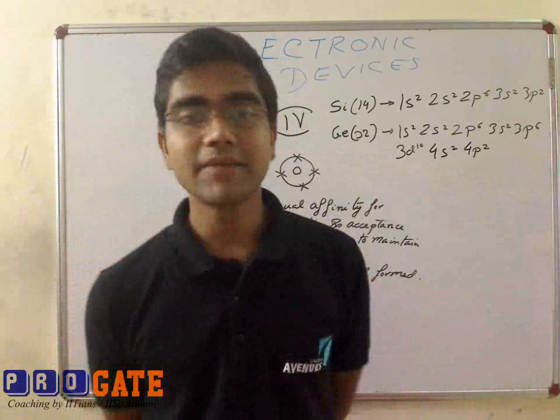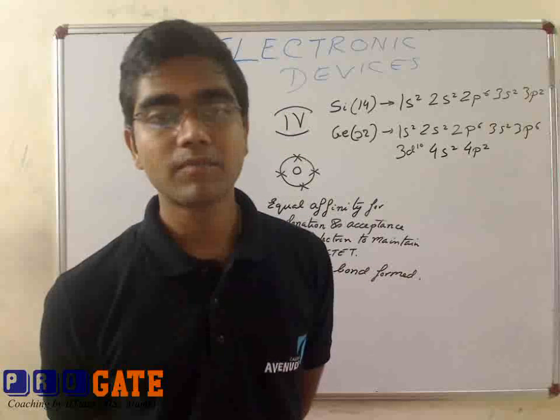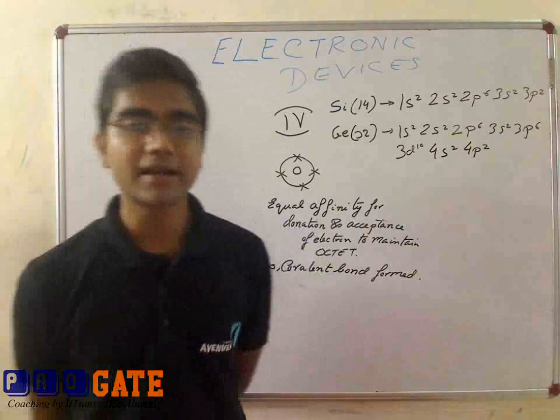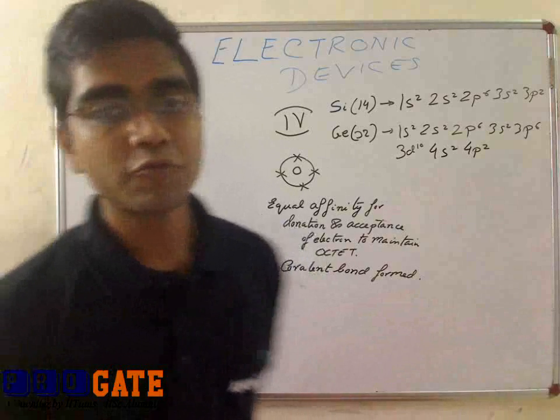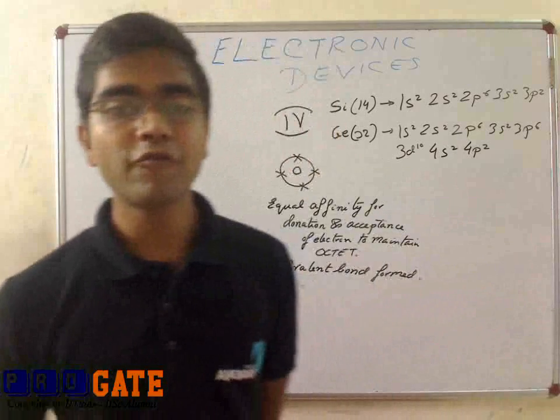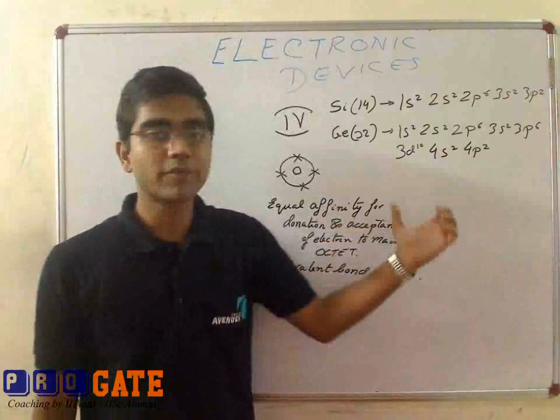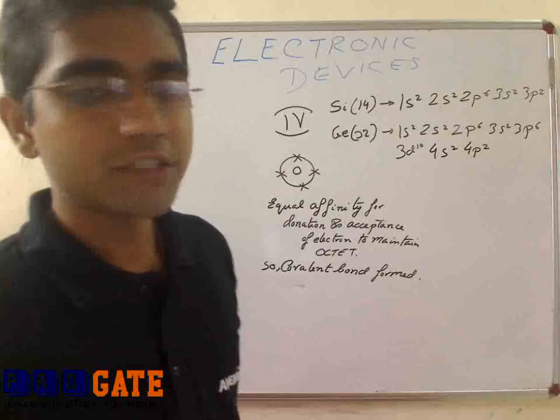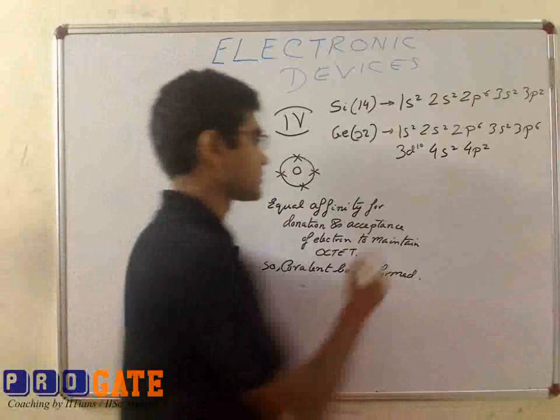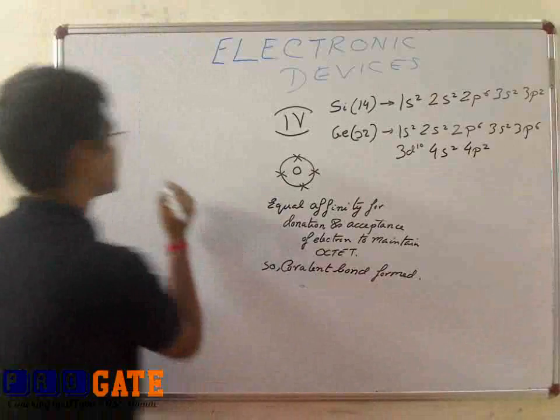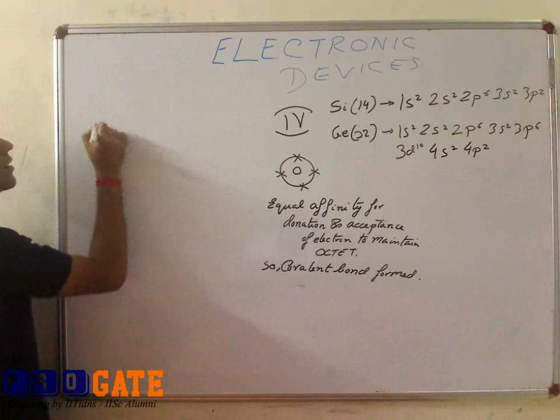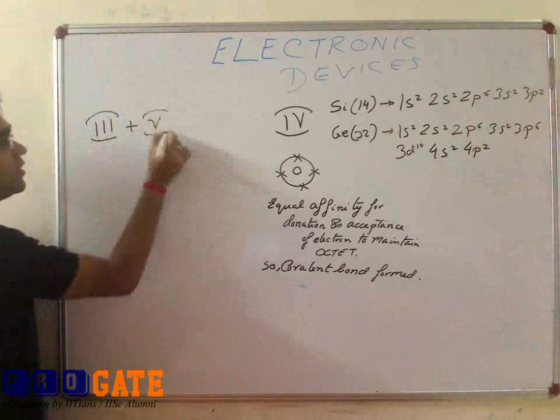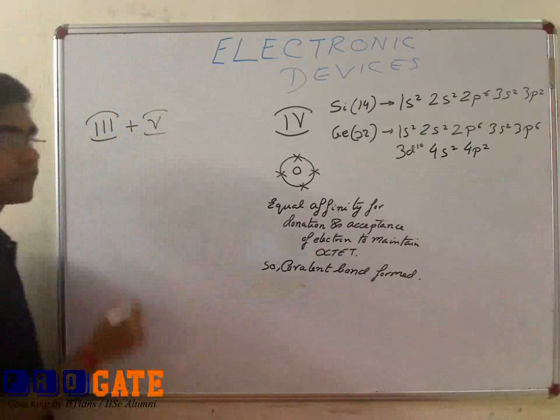Other than group 4 elements, we can have semiconductors by combining a group 3 element with a group 5 element, such that the average becomes 4. Group 3 plus group 5, what can we have?